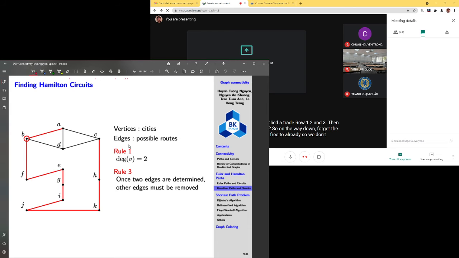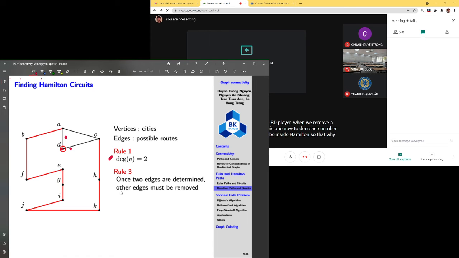So things like that, I remove the BD, clear? And when we remove BD, then the node D must be determined because this one goes down to degree number 2, and by the first rule, the node D must be inside the Hamilton circuit. So that's why we circle the node D.